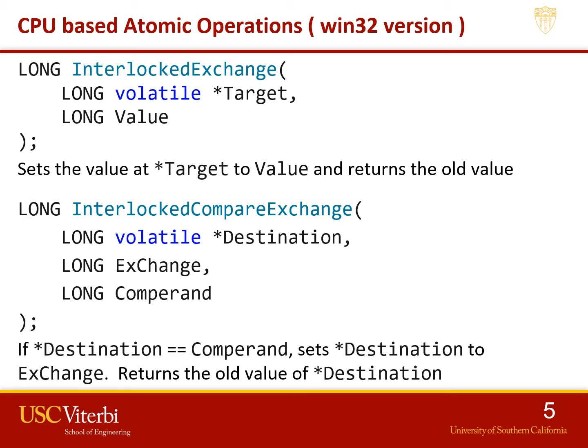Okay, so that's a couple of these interlocked exchange functions that we can use to implement the spin lock. Now, I don't expect you would visualize right away how you could use that, but let me show you how we do, and then I think it'll be more clear.